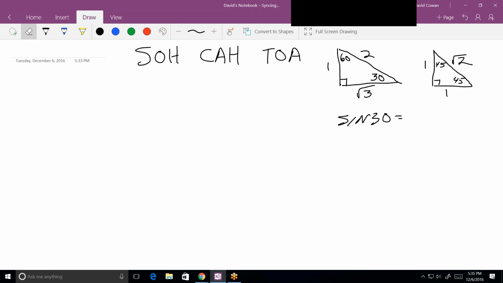Okay. So what's the sine of 30 degrees? What's the opposite over the hypotenuse? Read it off that triangle. What's opposite to the 30-degree angle? 1. What's the hypotenuse? 2. Okay. Tell me what the sine of 60 degrees is based on the triangle. √3/2.